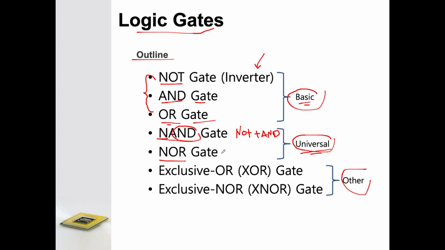NOR is the combination of the NOT gate with the OR gate. So later you will learn on this, but for the basic ones, please get familiar and understand carefully the NOT, AND and OR gates. And the other gates are exclusive OR and exclusive NOR, XOR or XNOR. So let's move to the basic ones.